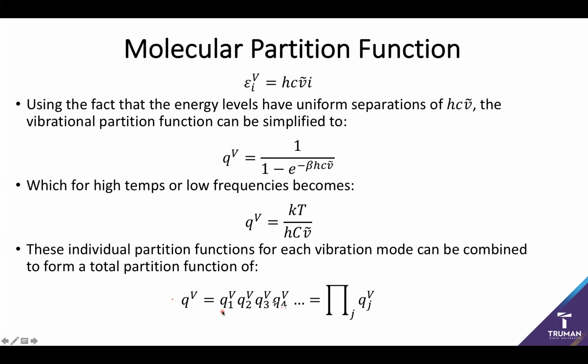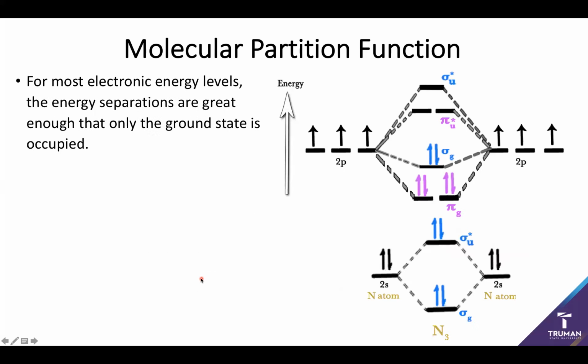So if you have 5 vibrations, you'll have to calculate 5 separate vibrational partition functions to generate a net product vibrational partition function. A little inconvenient, but fairly useful: as long as you're able to get those vibrations, you can back out the partition function and on to energy. However, that leaves us with one last partition function, the electronic partition function.